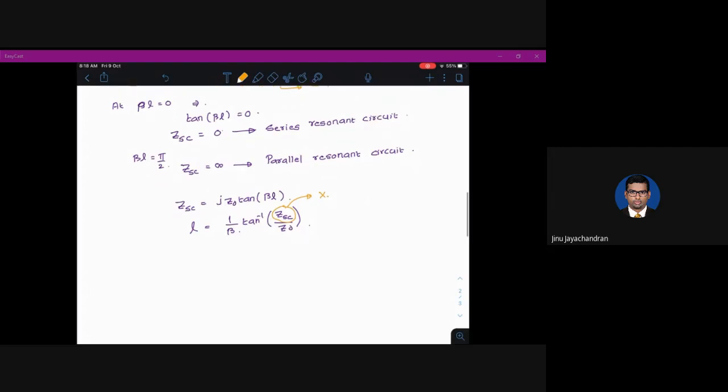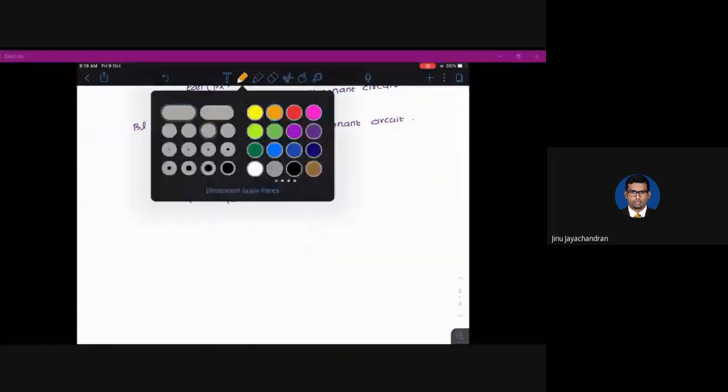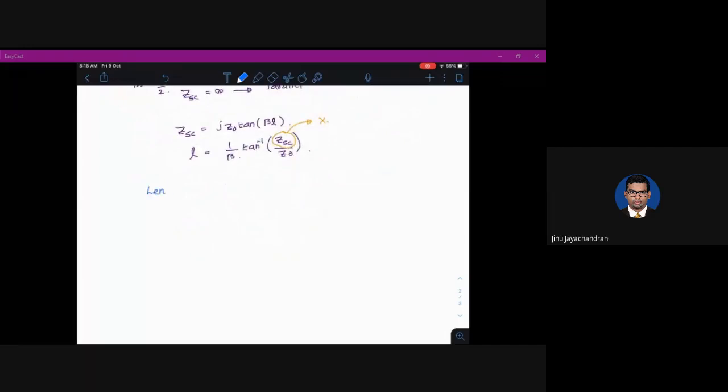So if you make a table for this, this is length and this is reactance. For 0 less than L less than lambda by 4, the reactance is inductive.